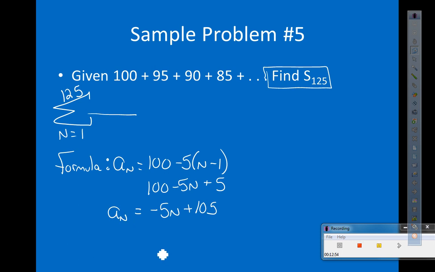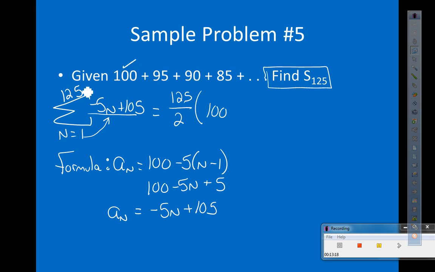I've already done the 1-2 check for you, so I know that negative 5n plus 105 is correct. Now bring it home, sum them up. 125 over 2 times, plug in a 1, and I get 100, which I should.